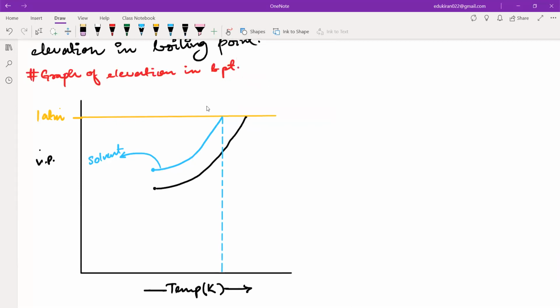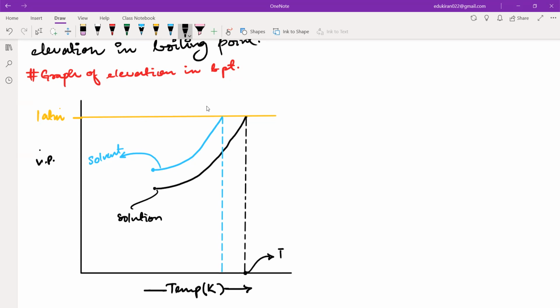Similarly, I will drop a perpendicular from here. So this is the point where we have the boiling point of the solution.